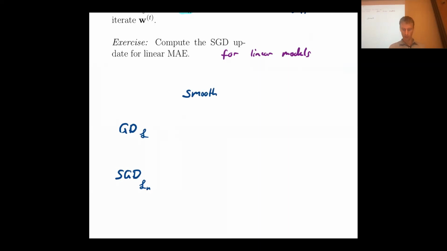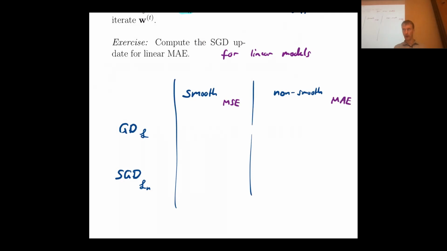We have smooth, which means differentiable, and then we have non-smooth. For example, mean squared error was smooth, so we did have gradients, and then mean absolute error leads to non-smooth optimization, almost no matter which model you use, because the loss already is non-smooth. Therefore, the whole thing will be non-smooth.